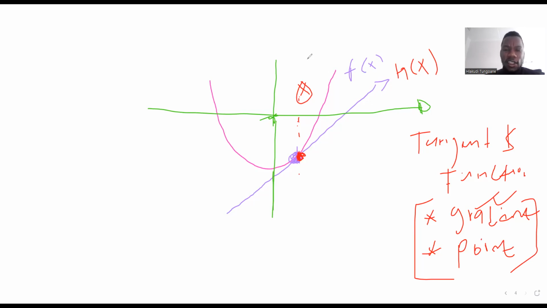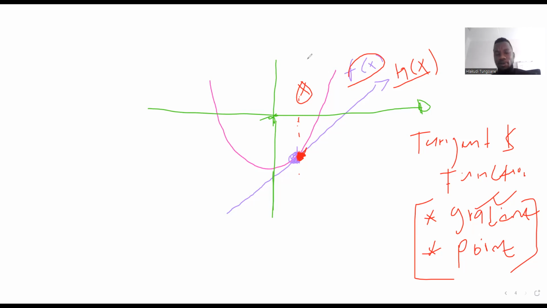If we can get the gradient of either the line or of f of x at this point, then we know the gradient of both. Once we have the gradient and we know the value of x that gives that gradient, we can substitute that x value into one of the two equations, if we know one of them, and then we solve for y. Then you get the coordinates of the point where they intersect.